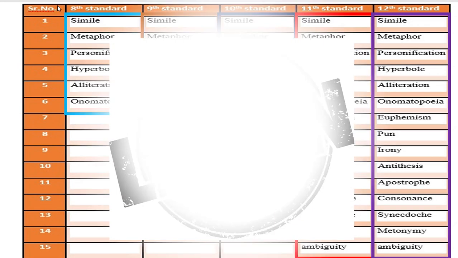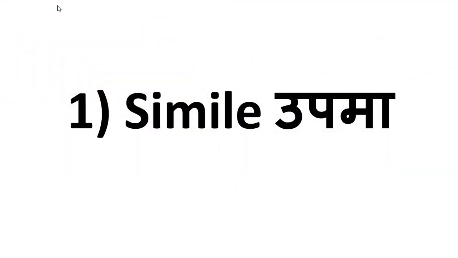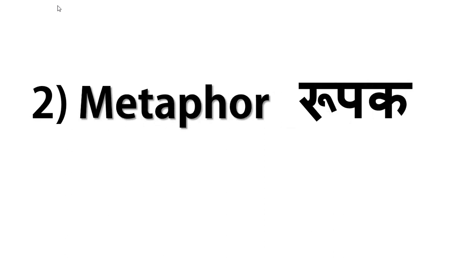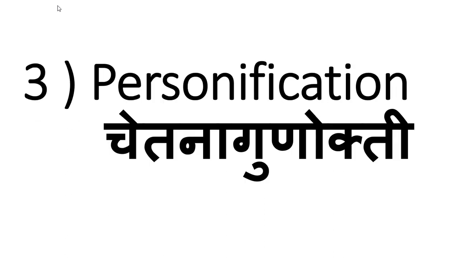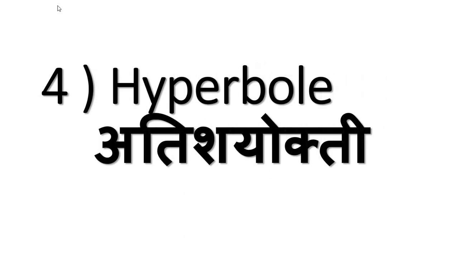Let's see figures of speech in detail with their meaning in Marathi. Simile, it means उपमा. Metaphor, रूपक अलंकार. Third one is personification, चेतना गुणोक्ति. Next, hyperbole, अतिशयोक्ति.